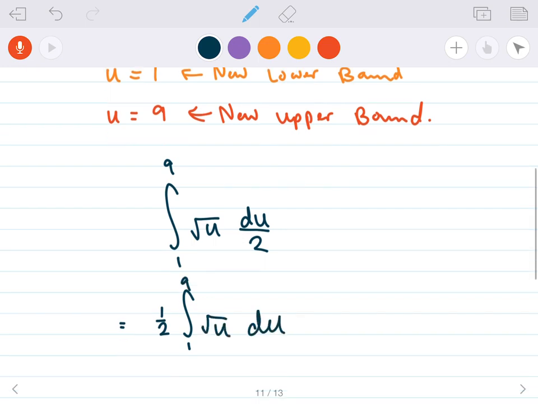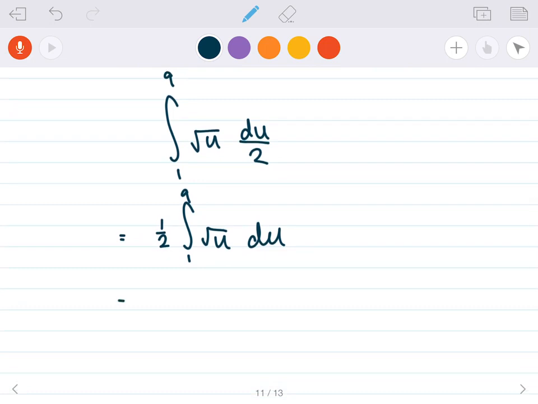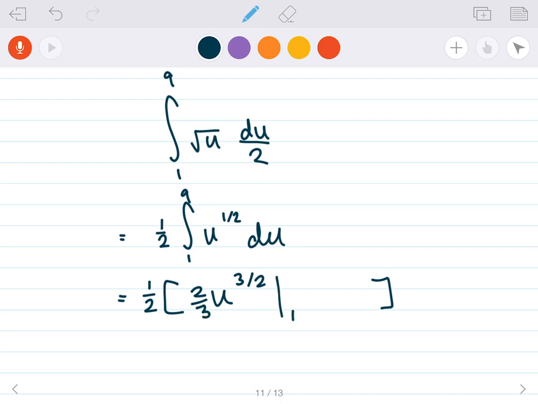And now I can just integrate this. The square root of u is the same thing as u to the 1/2. So what I have is this 1/2 on the outside. Then, I have u to the 3/2 over 3/2, which is the same thing as times 2/3, from 1 to 9.